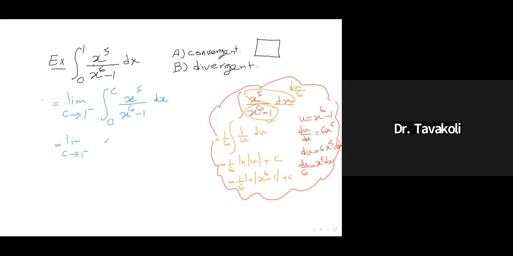It is 1 over 6 ln of absolute value of x to the 6 minus 1, evaluated at 0 and c.